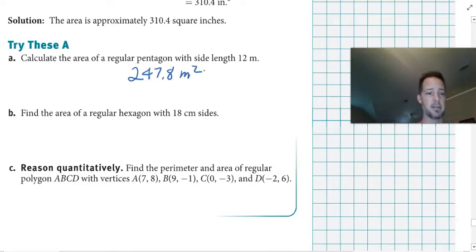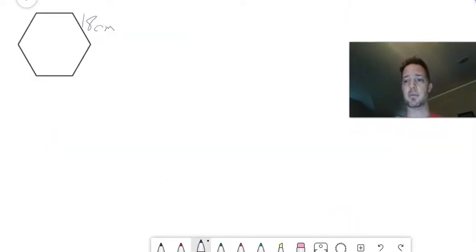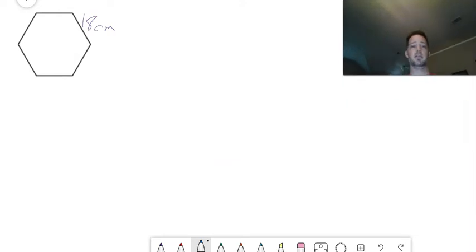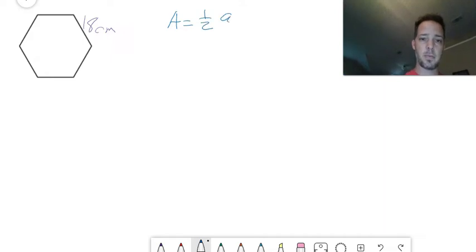Let's try the next one, a hexagon with 18 centimeter sides. Let's see what we can do for this one. First step is write down the formula again. Once again, the perimeter we should be able to get pretty quickly. I'm going to go ahead and plug that in.